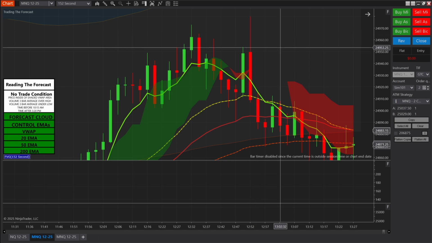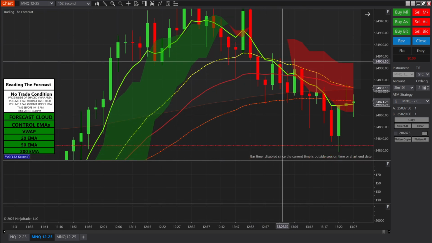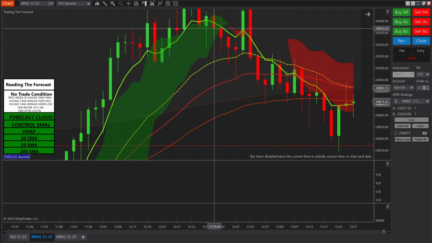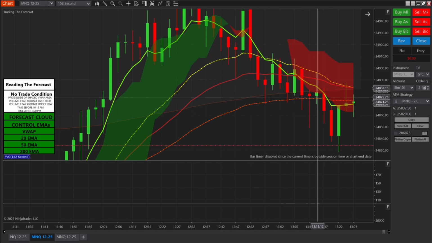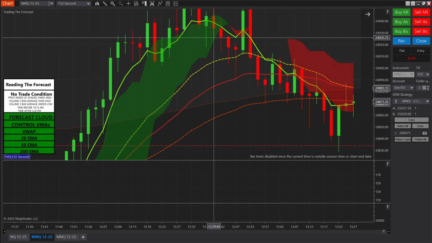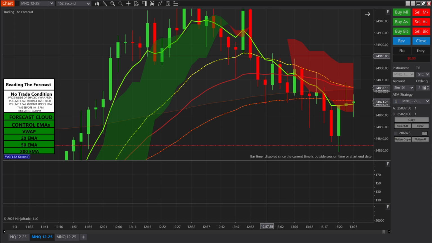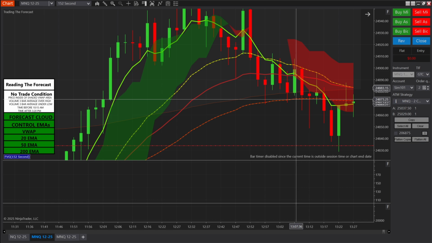So you would look to the regular EMAs for an exit point. At the 20 EMA, which is the yellow, or the 50 EMA, you would set your stop loss here. It would have executed the trade, it would have topped out, and the price came back into your EMAs, the 20 EMA or the 50 EMA. So this is where you would have exited the trade.